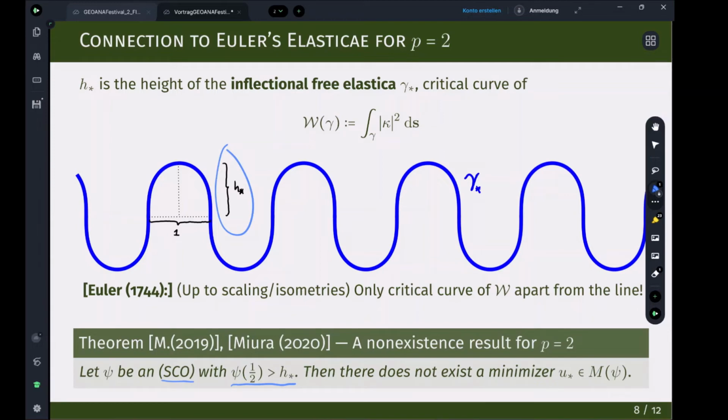And the reason for that was understood in a very sharp way by Tatsuya Miura in this article. And I will show you the proof of this theorem, basically, that he gave. So one can prove rigorously that above this H star, one has non-existence of minimizers.